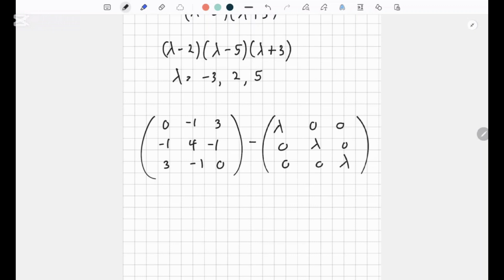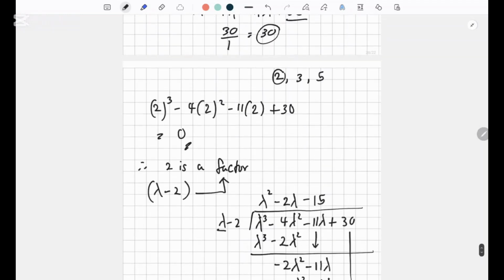So now what you do is you have to put your eigenvalues into all of this. Instead of lambda, you put your eigenvalues. And then you find your eigenvectors. I'll show you. So we had something else.